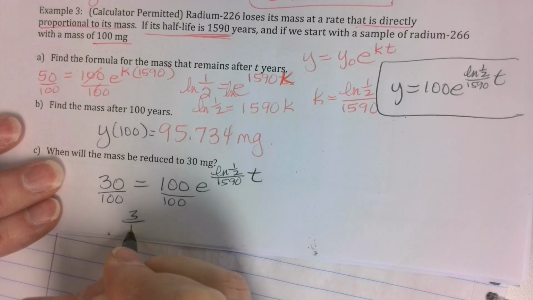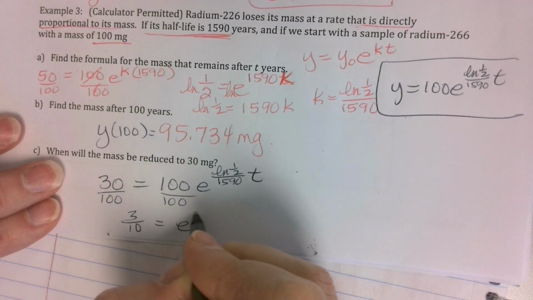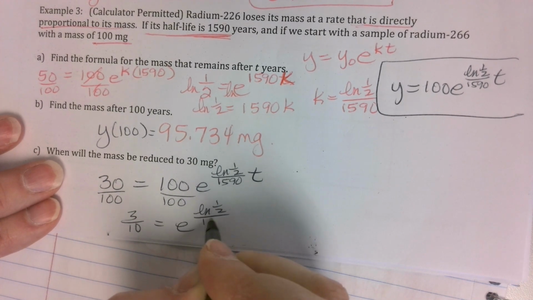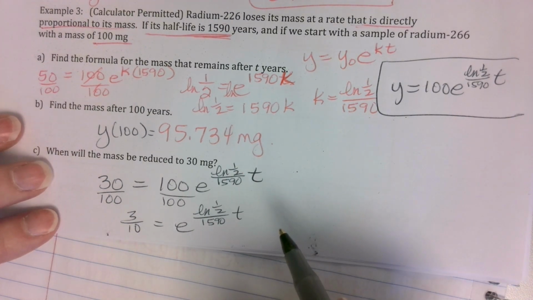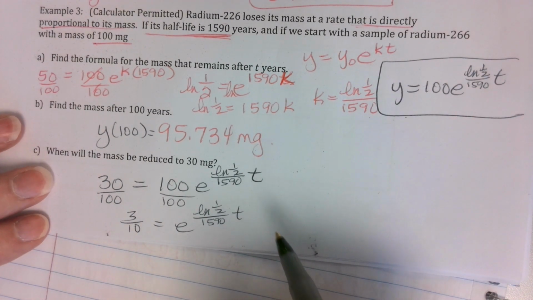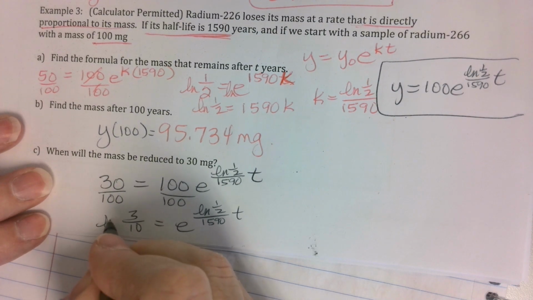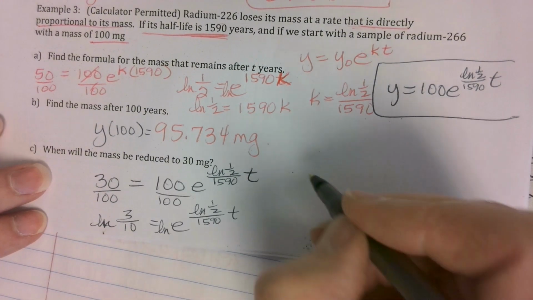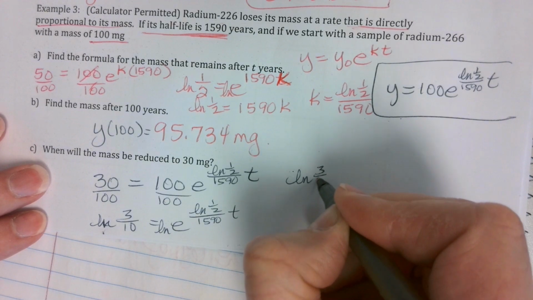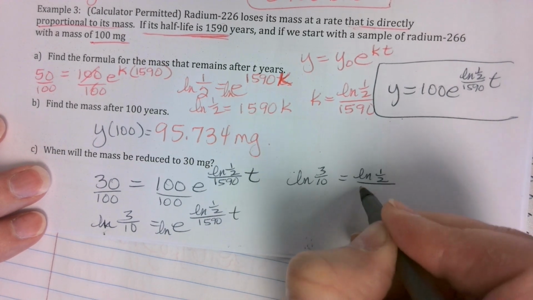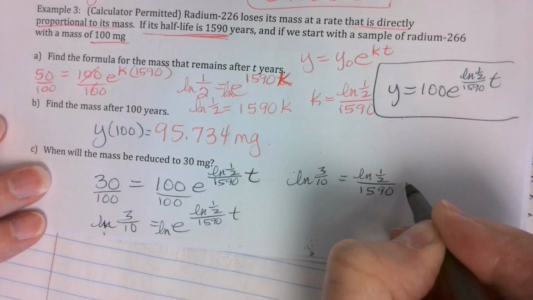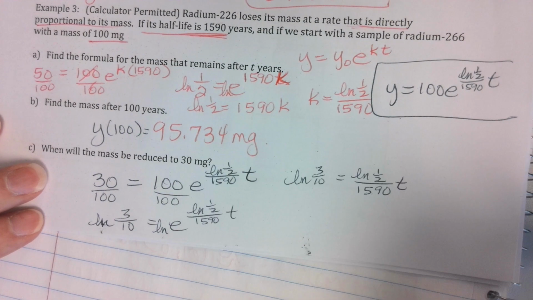That's 3/10, right? What do we do to solve for that t? Natural log. Power down in front. Natural log of e is 1.